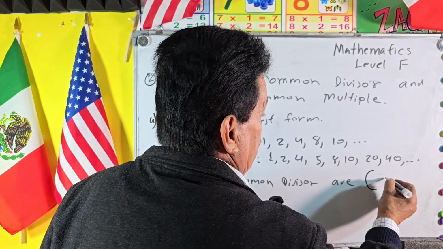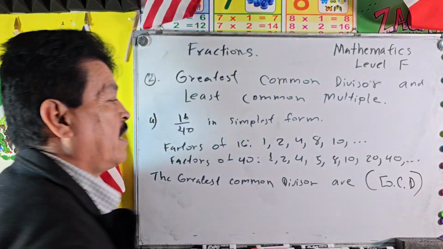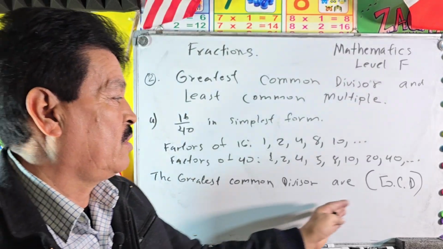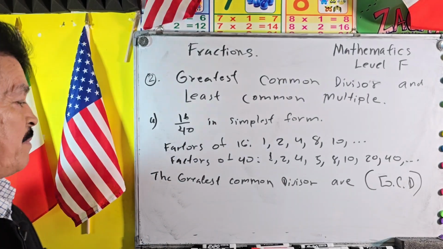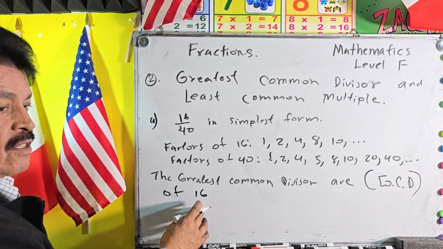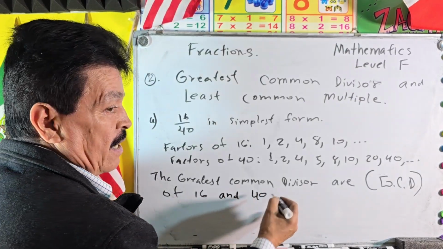This means the greatest common divisor of 16 and 40.